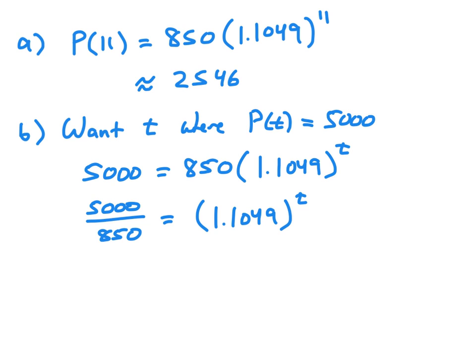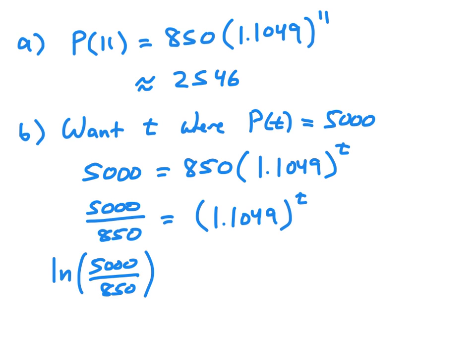At this point, we have on the right-hand side an exponential term with our variable in the exponent. In order to deal with that appropriately, we're going to need to take a logarithm of both sides. We can use either natural log or common log. In this case, I'll use natural log, simply because it is less writing.